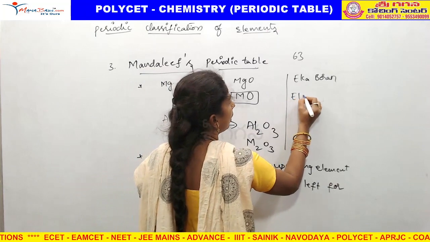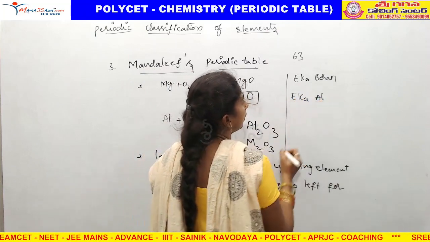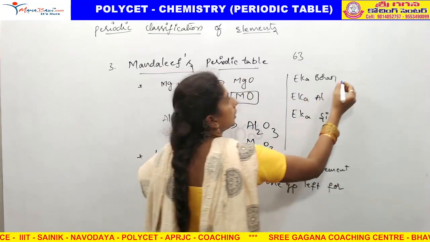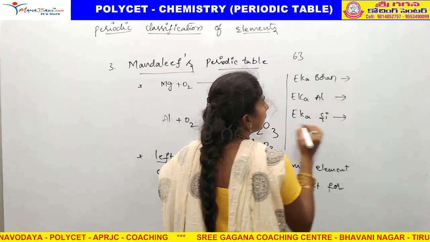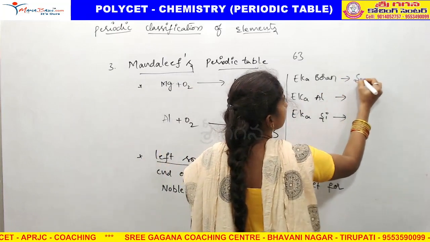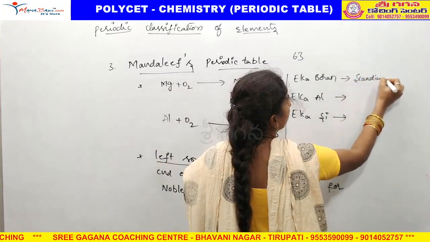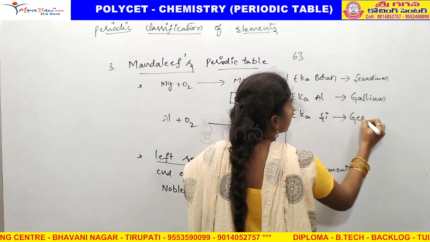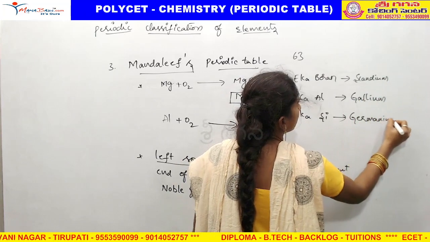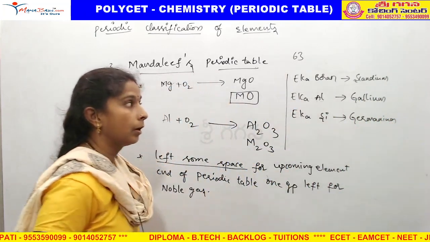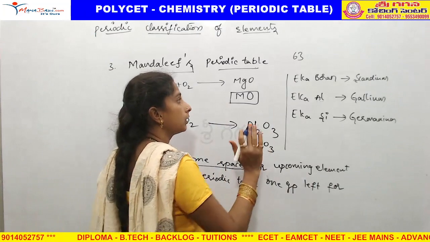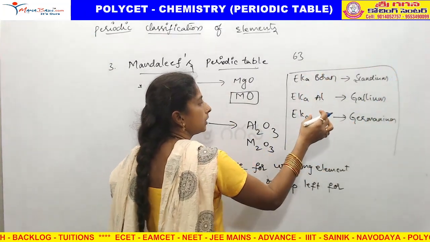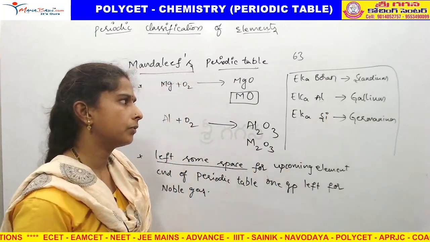And Eka aluminium, and Eka silicon. Later, Eka boron was identified as scandium, Eka aluminium as gallium, and Eka silicon as germanium. He left some space because he thought there would be elements with properties just like boron, aluminum and silicon.